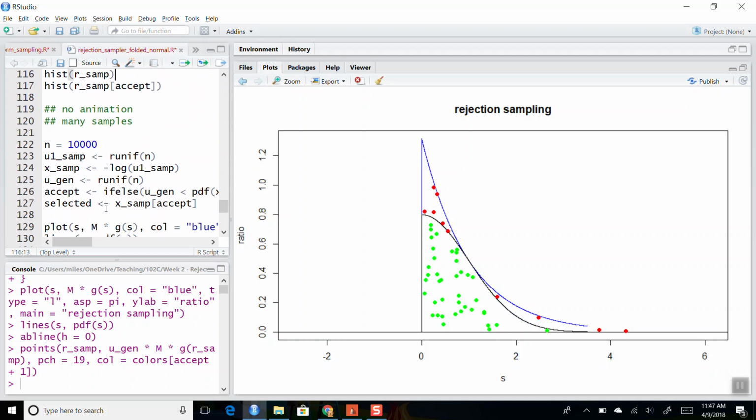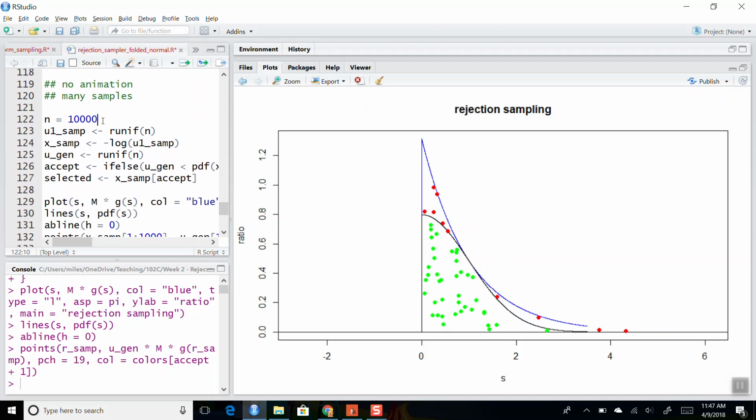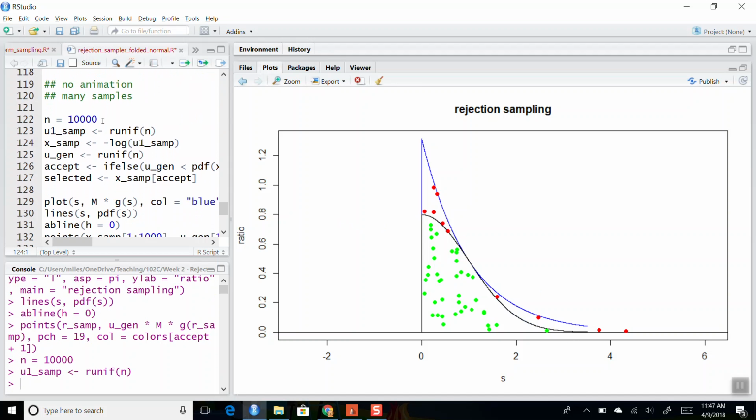And let me just show you what happens. Here, if I do the same thing but with like 10,000 samples, and you can see I'm only using runif, and to get my exponential, I'm just taking the negative log of that uniform sample.